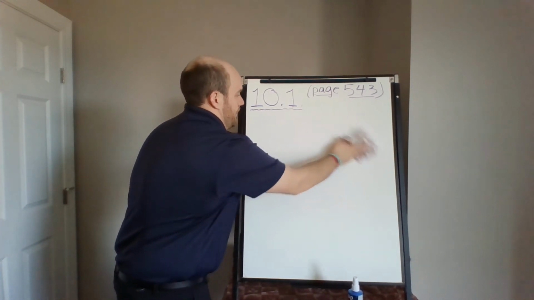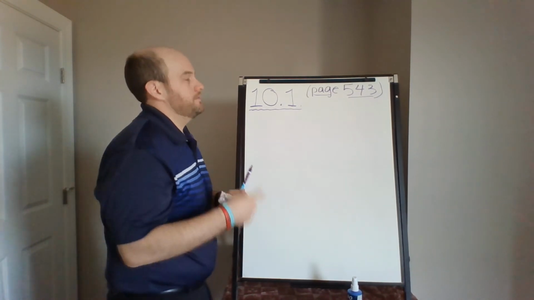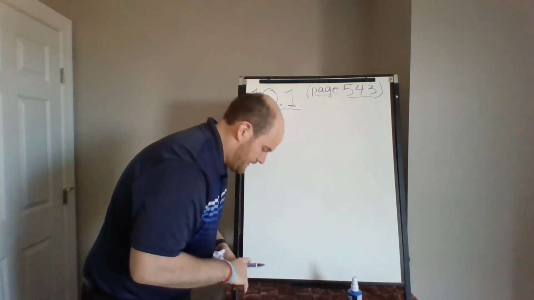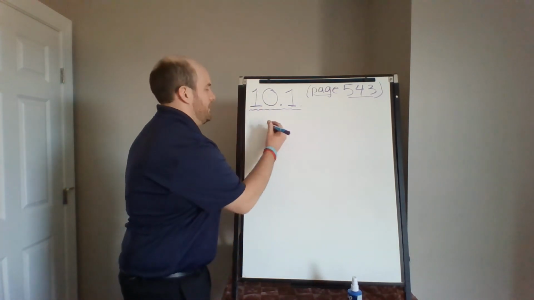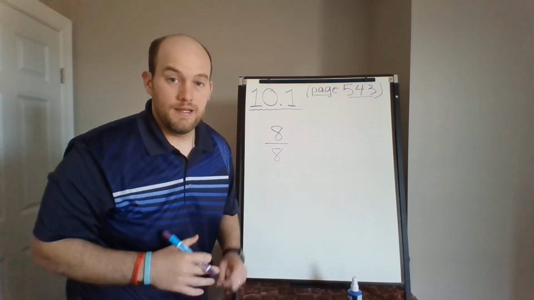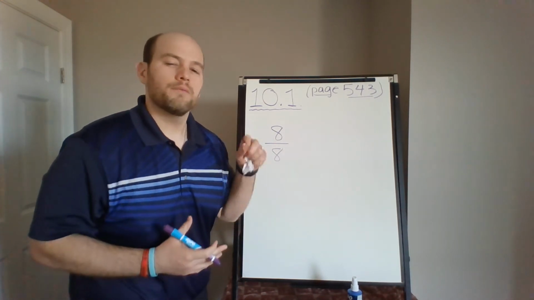Moving on. Doing my odds: 1, 3, 5, 7, 9, 11. So 11 is going to be my next one. Again, they laid it out there for you. We have 8/8. Now, Mr. McQueen, you told me this already when we were talking about the pizza. 8 slices, 8 of them are gone. Obviously, that equals a whole. Well, that's great.